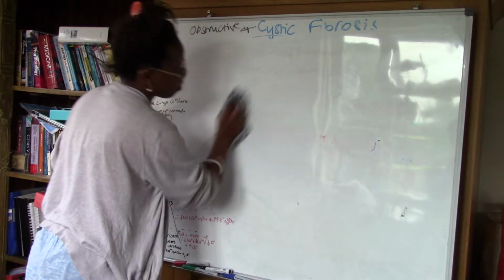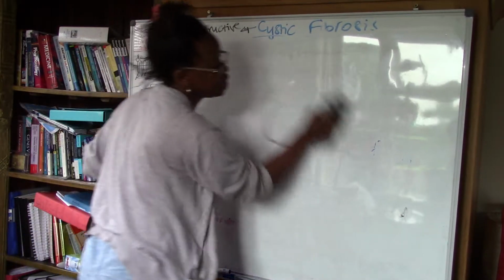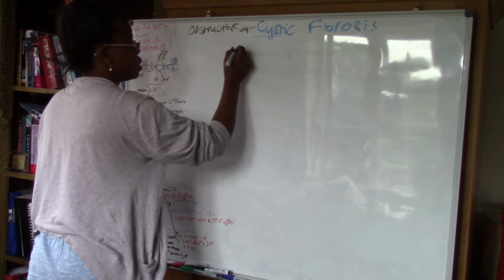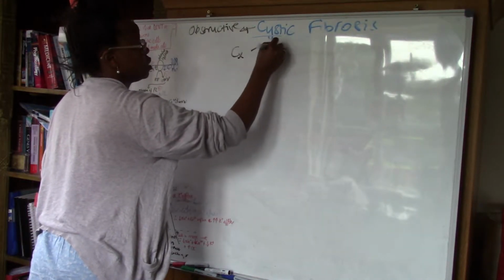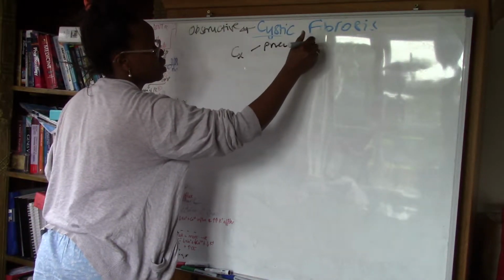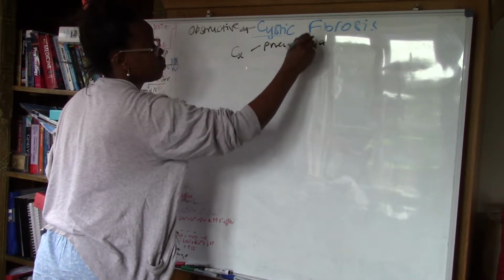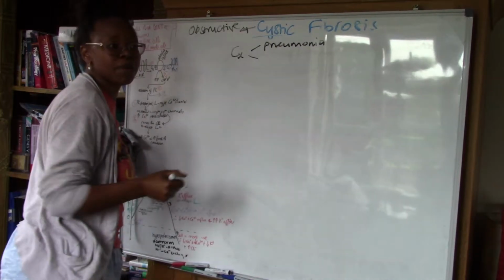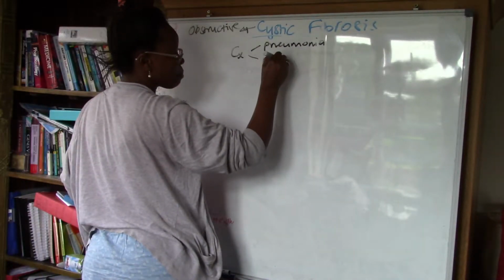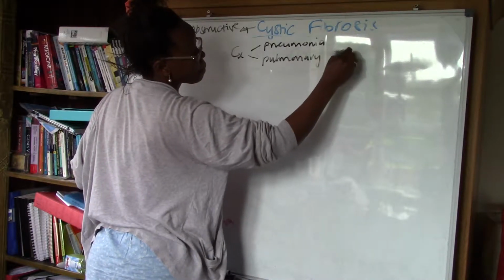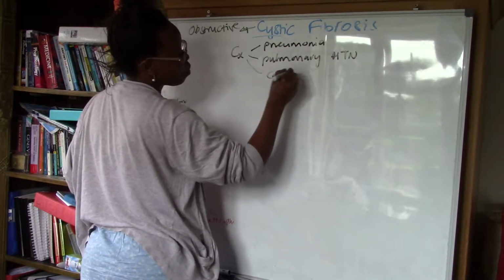And then the complications of cystic fibrosis are things like pneumonias, and people will also develop pulmonary hypertension and cor pulmonale.